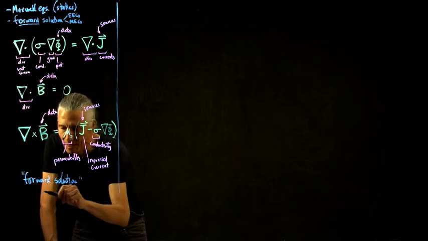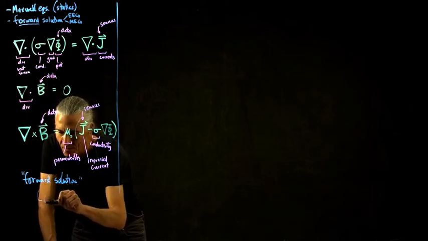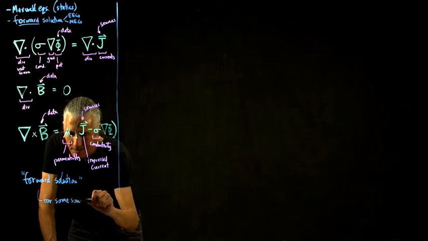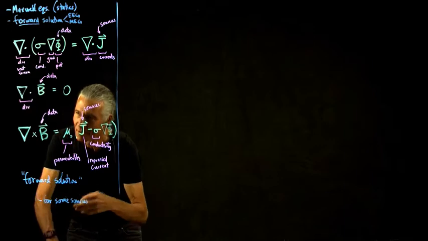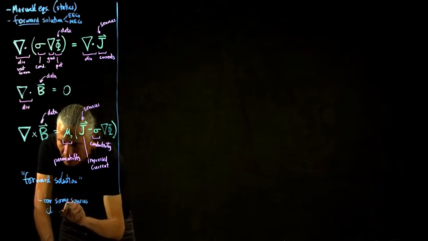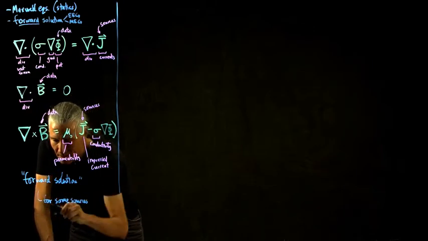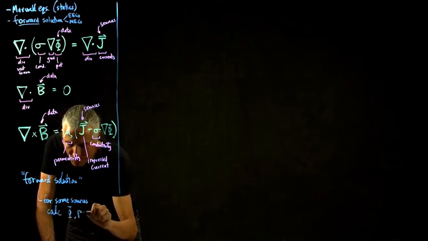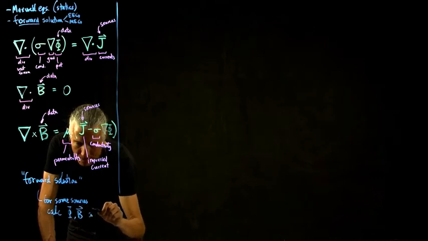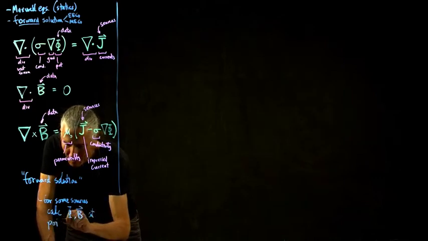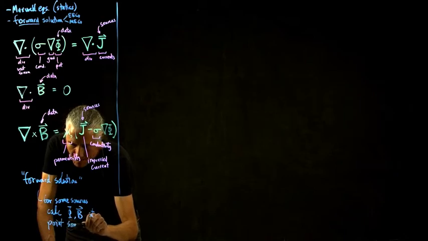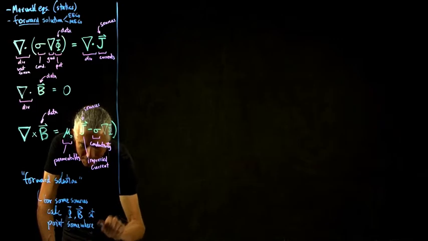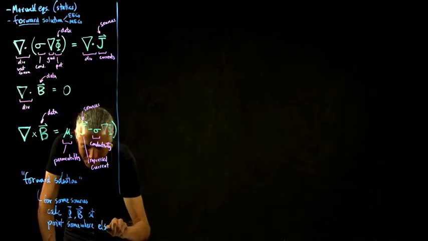The forward solution means, for some sources somewhere in the brain, calculate the potential and the magnetic field vector at a point somewhere else. That's my technical definition of the forward solution.